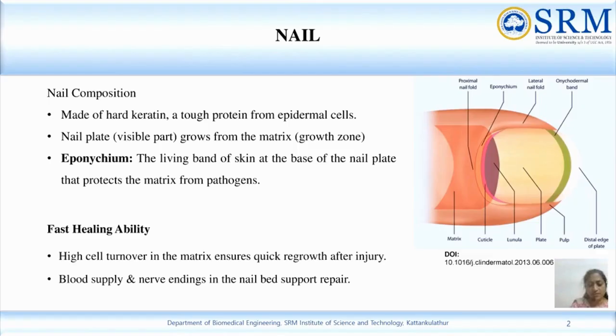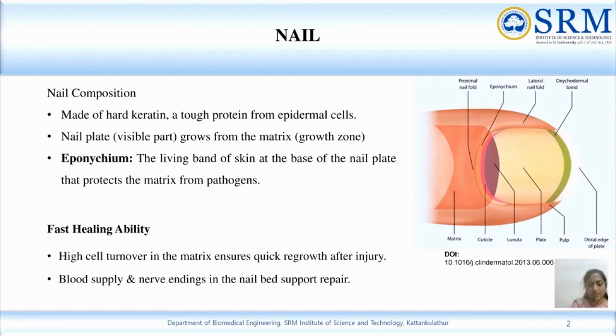It ensures that there is quick recovery after injury. Let's say you break a nail, or you cut your nails, the nail grows back very fast. It depends on the person, age, etc., but there is generally good growth in the nail. The blood supply and the nerve endings in the nail bed support this good repair.